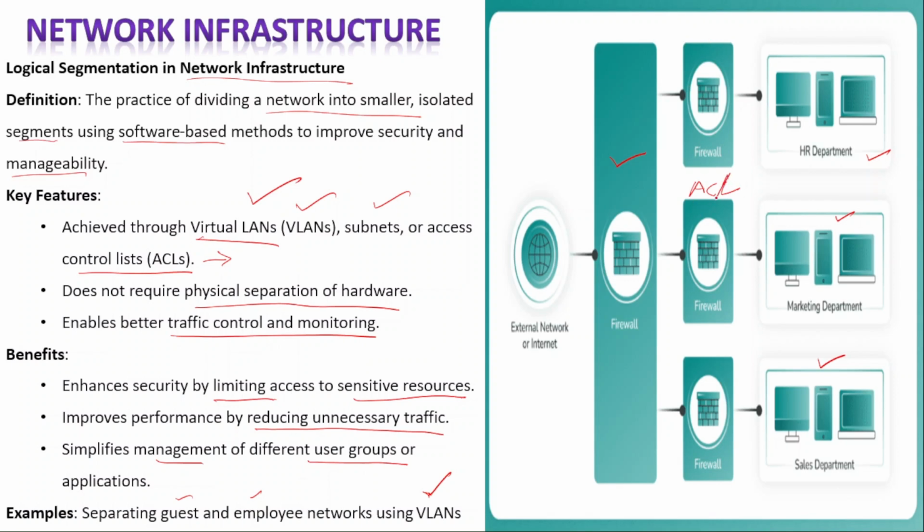These are basically virtual ACLs, or you can say virtual firewalls, so that you can configure policies between these workloads. And if you want that the HR department should not talk to the marketing or the sales person, you can block communication between them. So it is more secure than simply using VLANs.